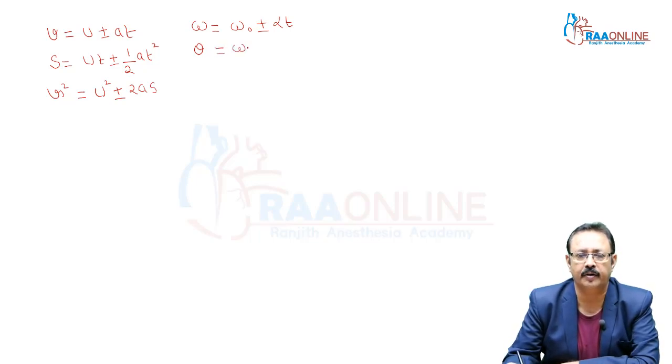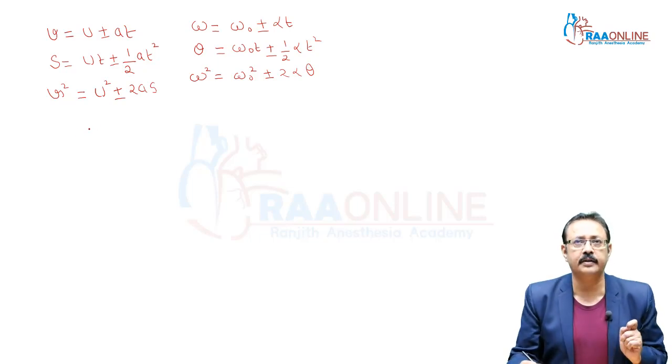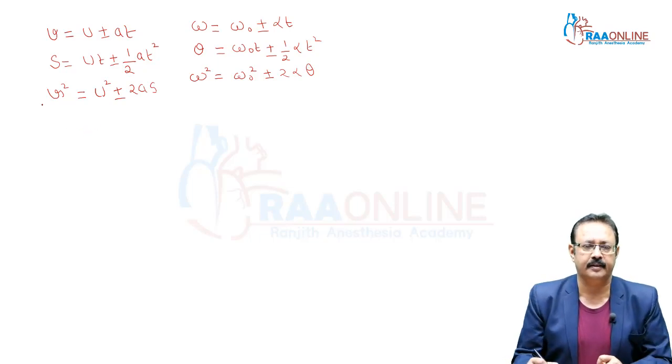So theta is equals to omega naught t plus minus half alpha t square. Third relation, omega square is equals to omega naught square plus minus 2 alpha theta. So we got all three relations in this.